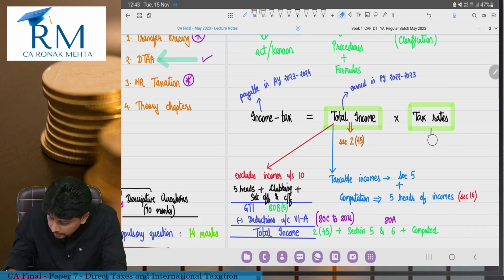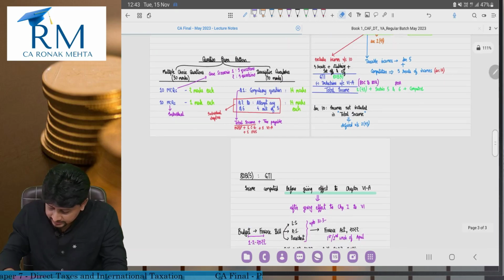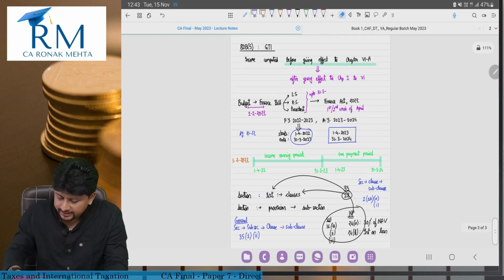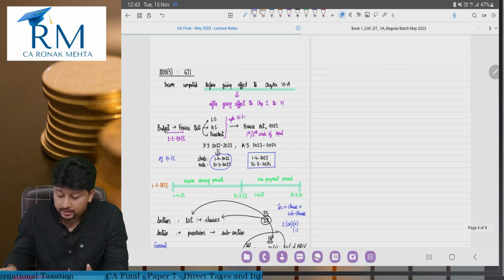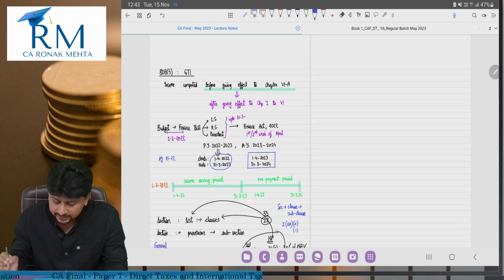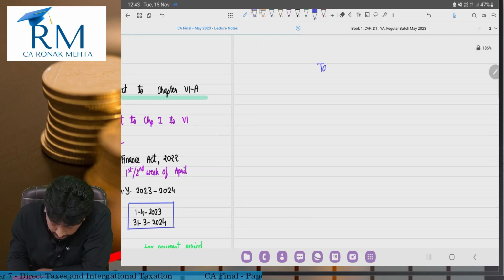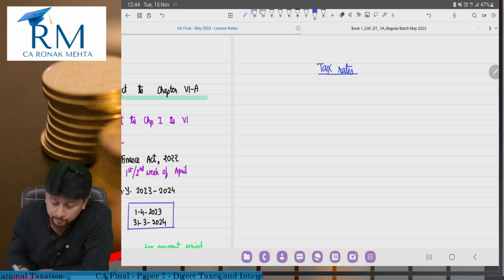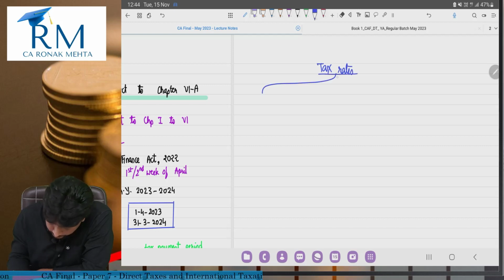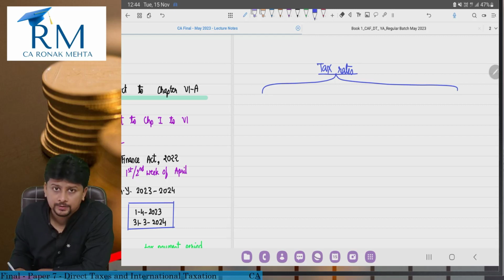So, who gives me tax rate? The general answer, Finance Act. But that's a general answer. So what is the accurate thing? Rates of tax are of two types.